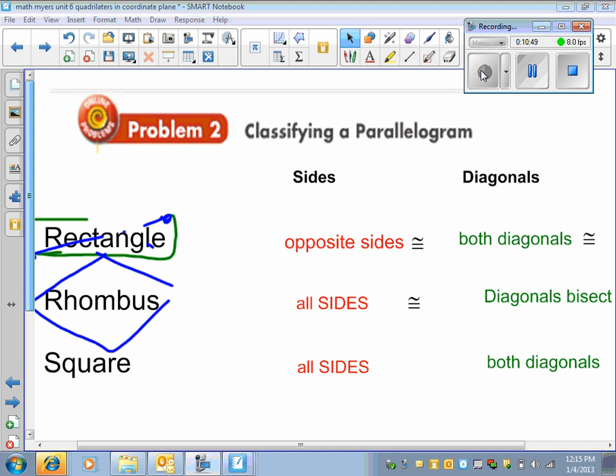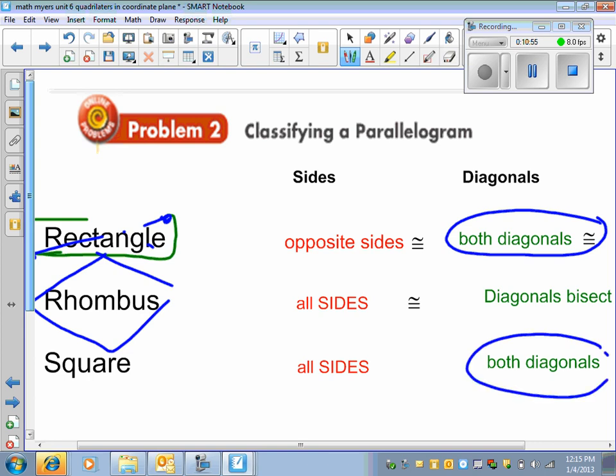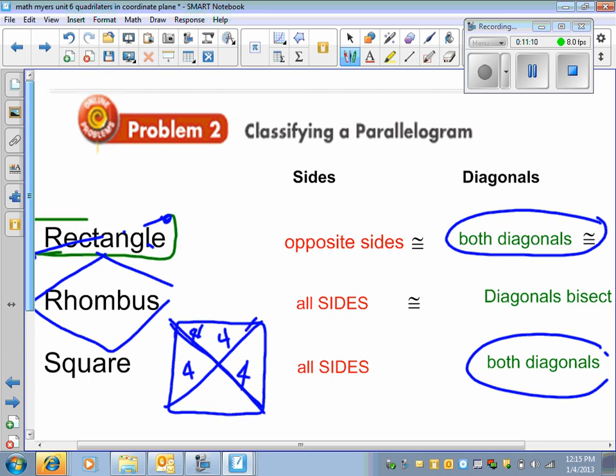All right, so rectangles, let's just know that both diagonals are congruent. I'm going to skip down here to square, because in the square it is also saying that the diagonals are congruent. So if I say this is 4, and this is 4, and this is 4, and this is 4, and the diagonal here is 8, and this diagonal also is 8. So we know that with the rectangle and the square, the diagonals are congruent.